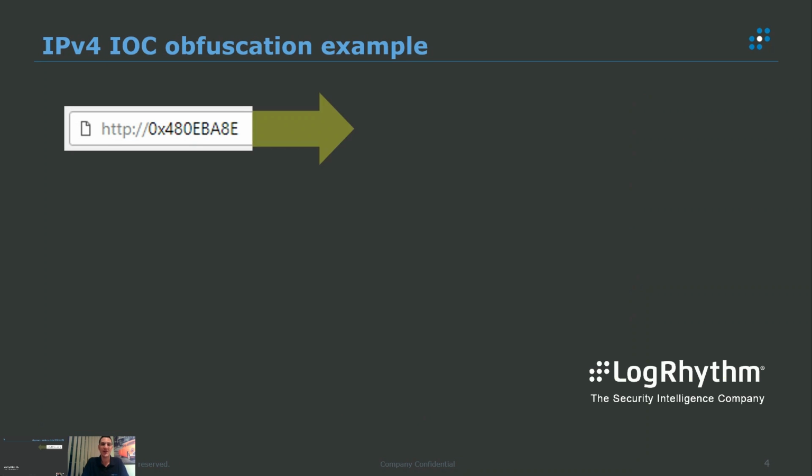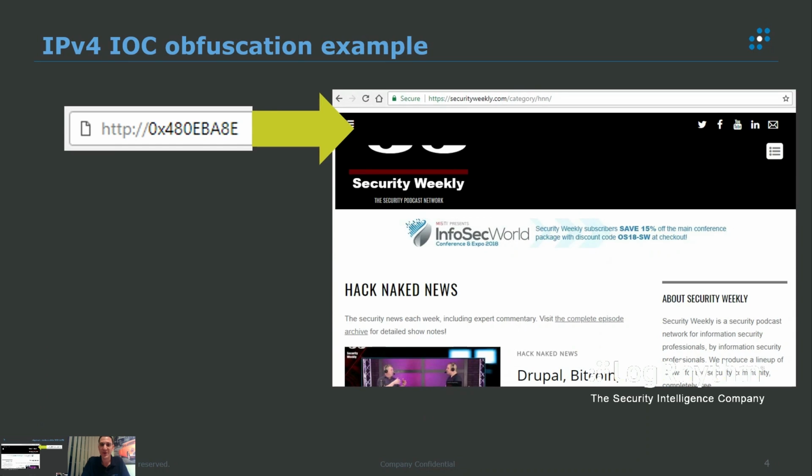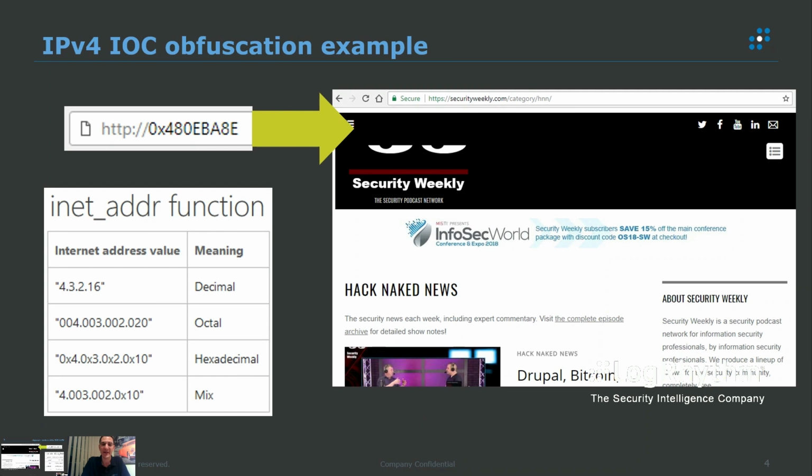As a quick example, take a simple IPv4 address. On most modern operating systems, you can put in a hex, a decimal, an octal, or even a combination into a web browser and still reach, as an example here, Security Weekly or whatever the domain name is.